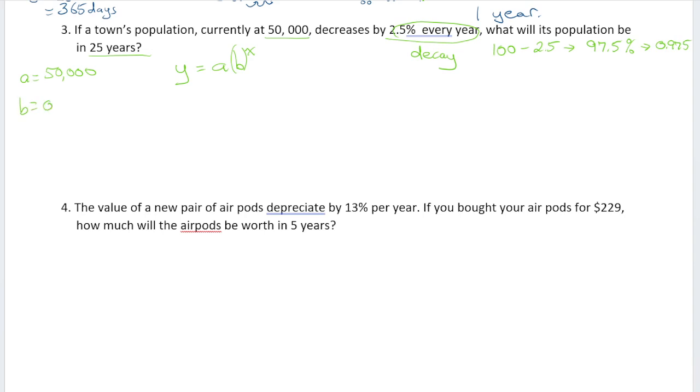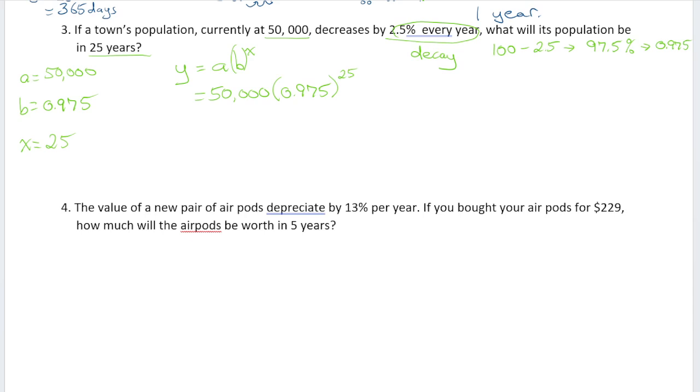So B is 0.975, and then our time is 25 years, so the number of times we're doing this is 25. Then we just substitute in 50,000 times 0.975 to the power of 25.